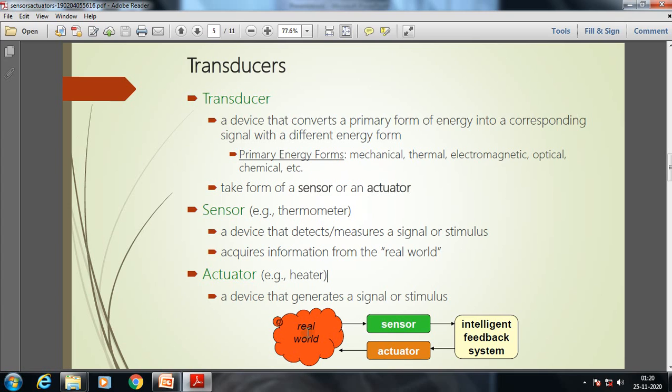So from the real world, the function of a sensor is to gather the information from the real world. And the function of an actuator is to give back a specific signal to the real world. So an intelligent feedback system will work that way.